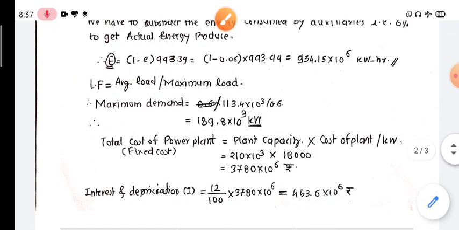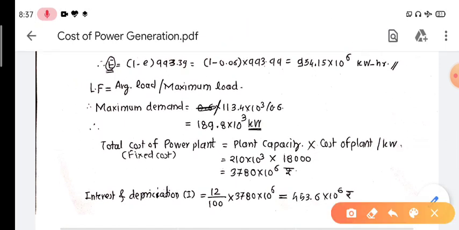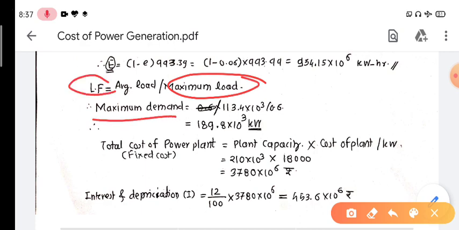Now with the help of load factor we have to calculate the maximum demand. Maximum demand will be average load divided by load factor. Average load is 113.4 into 10 raised to 3 and the load factor is 0.6. So maximum demand is 189.8 into 10 raised to 3 kilowatt.